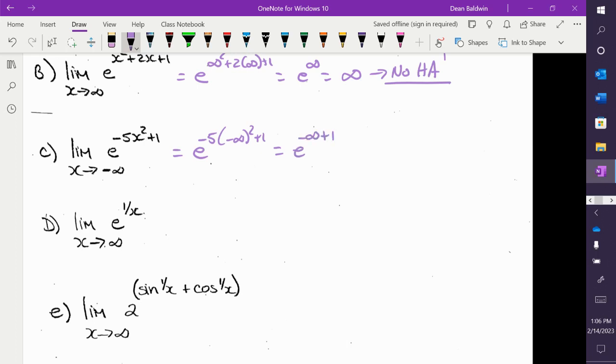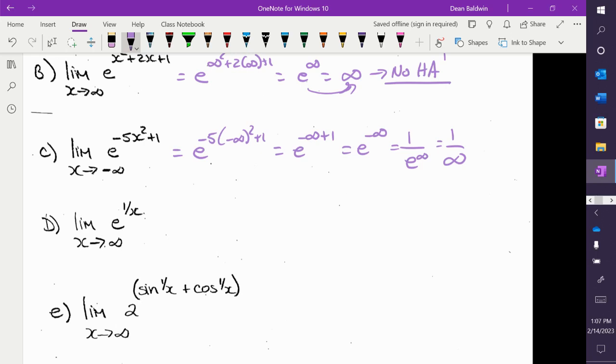Negative infinity plus 1 is negative infinity. What does a negative exponent mean? E to the infinity we just calculated was infinity.